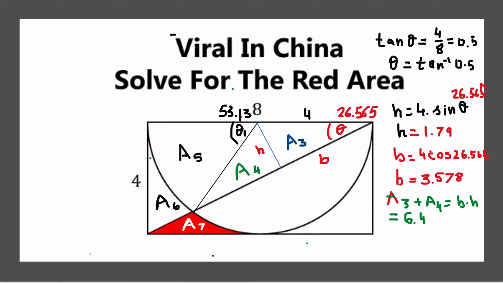Now I need to find the area of the sector. Let me write this as A5 with a black color, because it's much easier to find. A5 is going to be equal to theta 1 divided by 360 times the area of the whole circle, pi r squared.